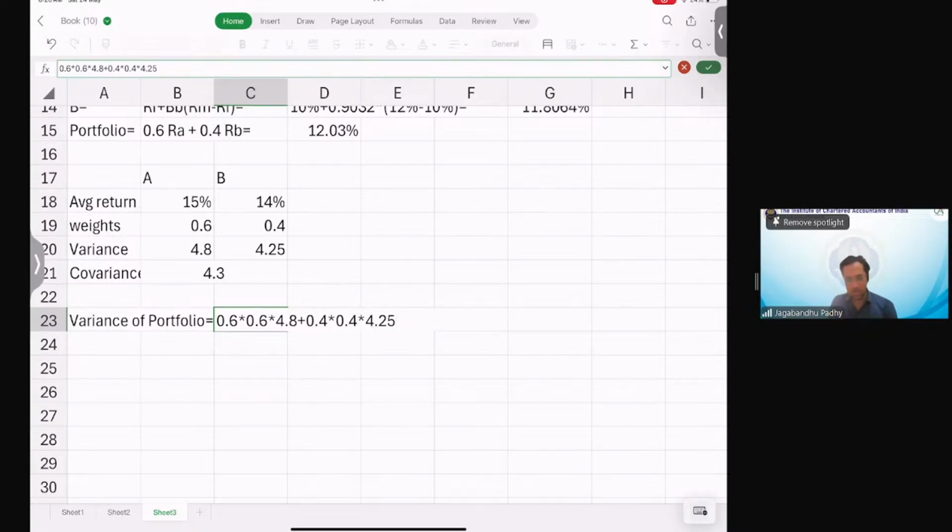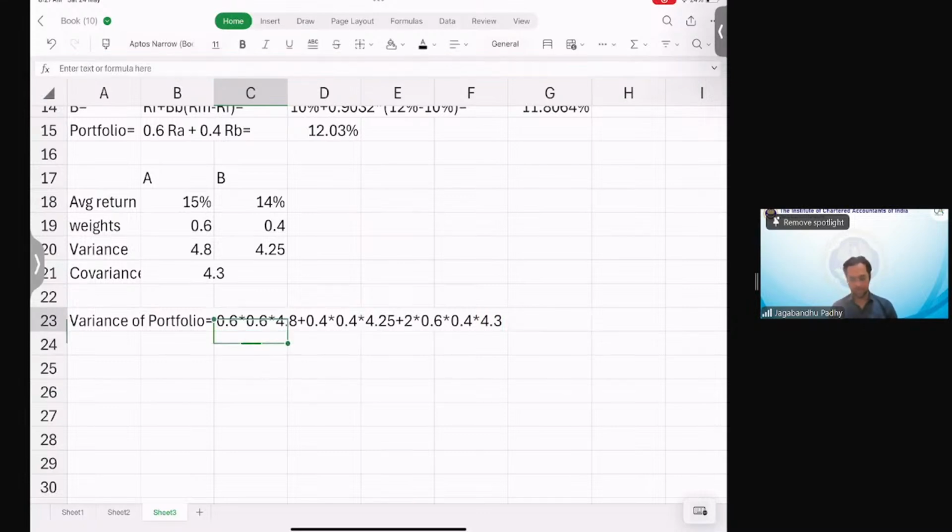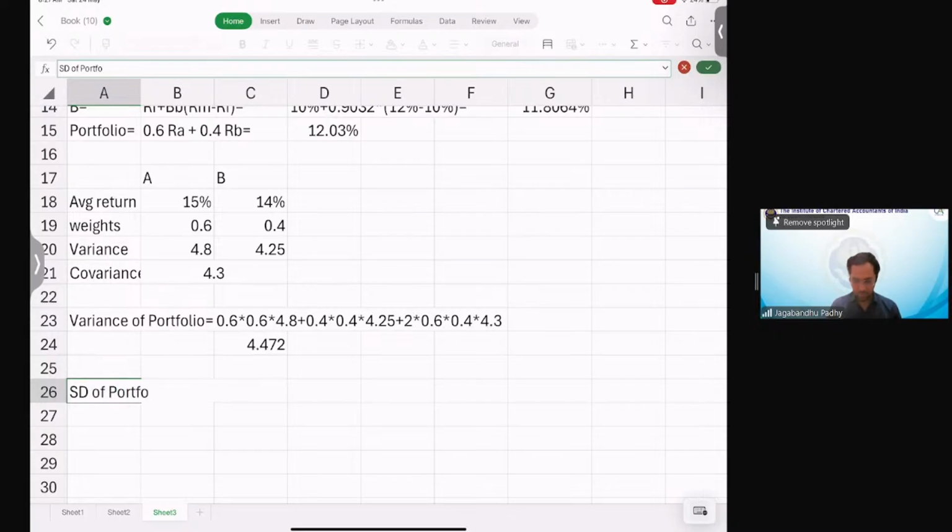That is, weight of A square into variance of A plus weight of B square into variance of B plus 2 into weight of A into weight of B into covariance, directly 4.3. When we apply this, what's the variance of the portfolio? 4.472.